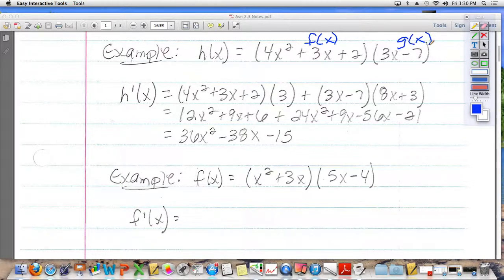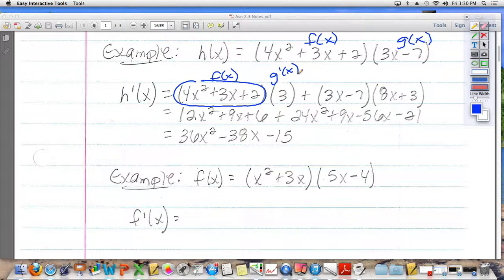And according to the product rule, you take f of x, which is this thing right here, and you multiply it by the derivative of g of x. What's the derivative of 3x minus 7? 3. It's 3. So this right here is the derivative of g of x.